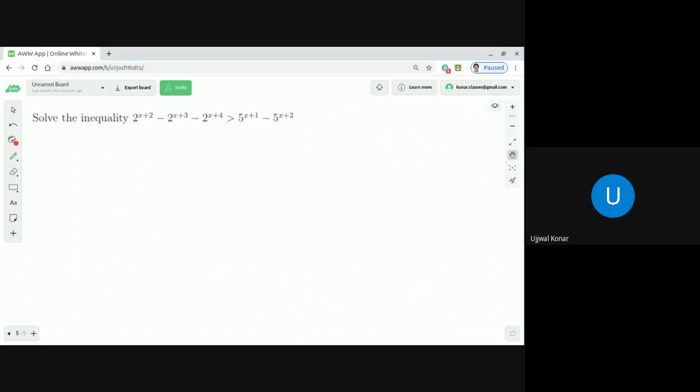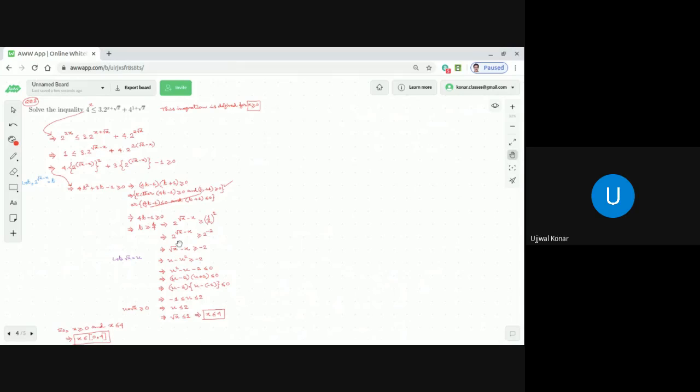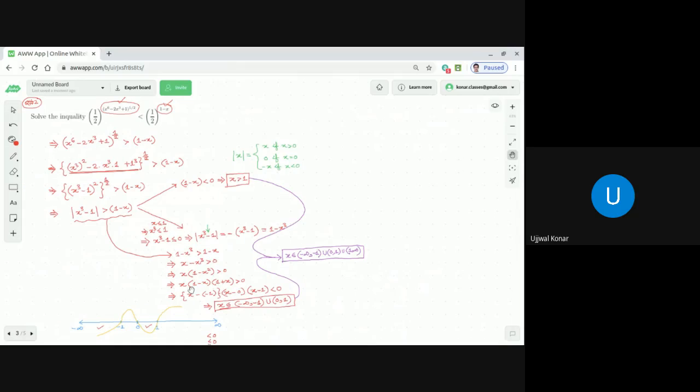Before I conclude the class for today, I just want to tell you one point about these exponential inequalities. You may think, sir, in all the questions you have solved today, you always found a pattern among the numbers. Correct or not? If you look at this one, we found a pattern, the numbers 3, 2, 4. If you look at this one, the pattern is already there, 1 by 2.